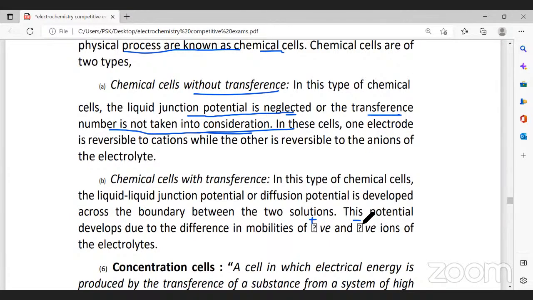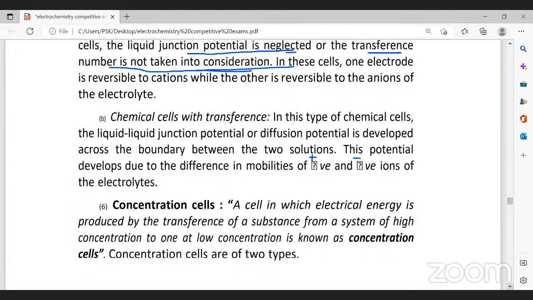But with any other electrolyte, such as KNO3, ammonium chloride, or ammonium nitrate, there will be a liquid junction or diffusion potential. That's called an electrochemical cell with transference. Followed?